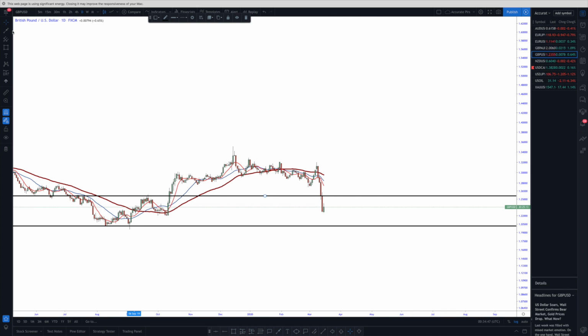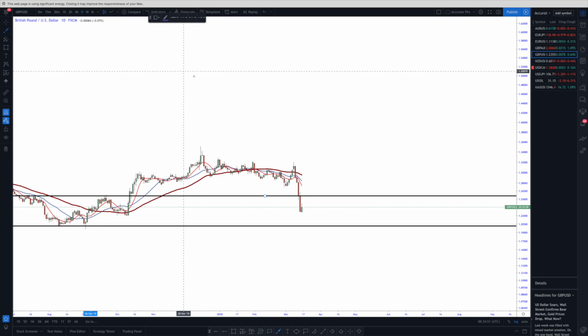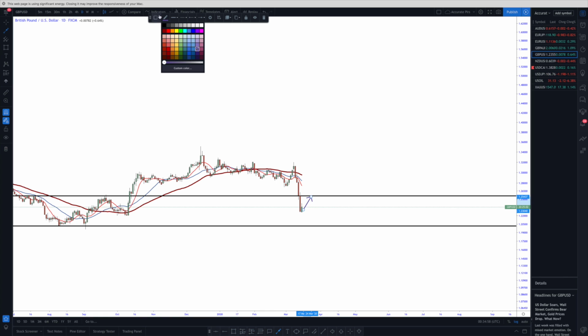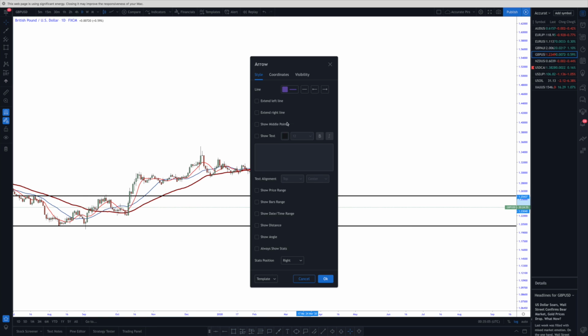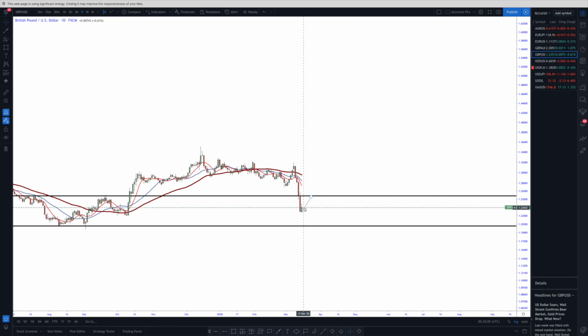So if I was to trade this, I'd probably just see if we can get a retracement, come back up to this level here, and then see how it reacts.